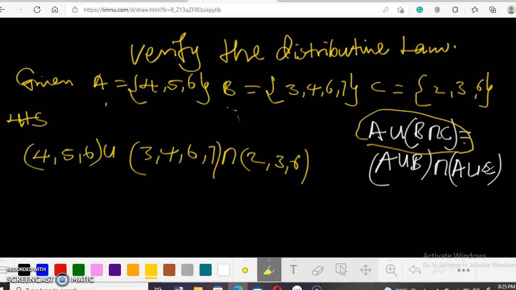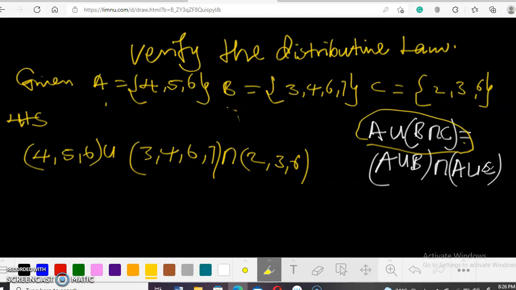If you observe, this is A union B intersection C, and in set A we have 4, 5, and 6, and this is in union with 3, 4, 6, and 7, which is set B, and this set B is intersecting C, which is 2, 3, 6. And we know how to take the intersection of sets.